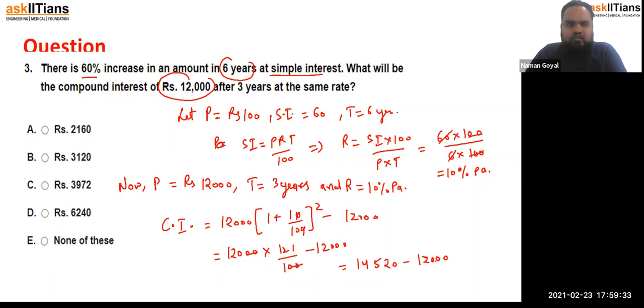So if you solve this, how much did you get? 2520. Is there any calculation mistake I made? 10%, I got. Okay, so 10 10 11, it gives 11 by 10, not 11 by 100, right? So 121 multiplied by 120 gives 14520 basically.